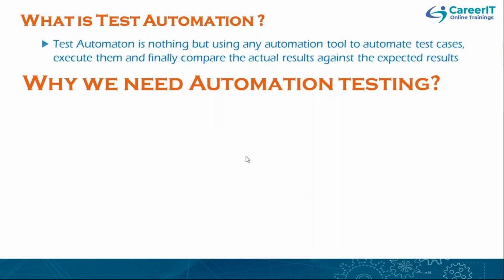Test automation is nothing but, we are going to use a particular automation tool which is available in the market, and we are going to use that tool to automate the test cases and execute them. That is, we will run them, and then finally we will compare the actual results against the expected results. Okay, so that is what we do.